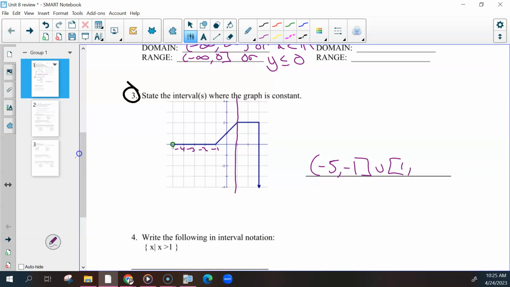Positive 1, where does it end? Positive 3. So it's constant. I'm going to highlight it. Here. And here. If this had an arrow that kept going, we would say it's constant from negative infinity to a certain point.